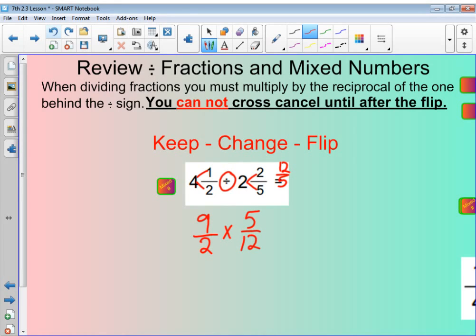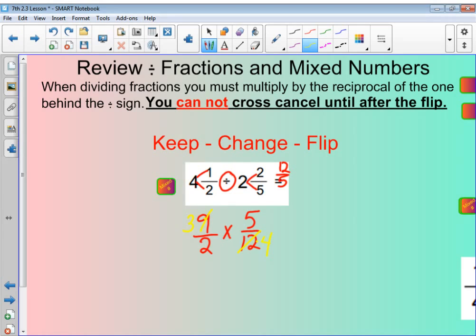Now, some of you might be comfortable with seeing that there's a 3 that would go into both of these, and some may not. I can see the 3. I know that 3 will go into 9 3 times, and 3 will go into 12 4 times. And then let's see, 3 won't go into 2, 5 won't go into 2 or 5, so I'm done.